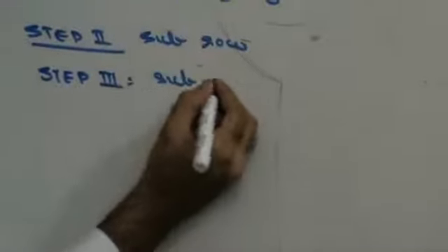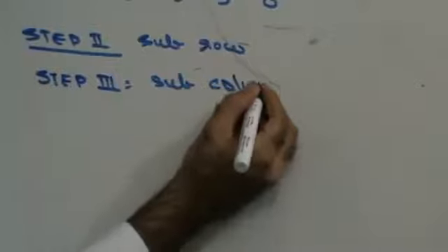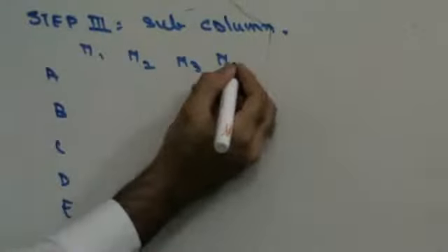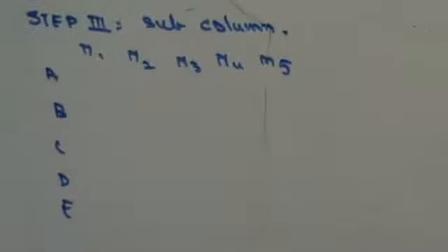So there is going to be no change in the matrix. Step 3. Subtract column. That is, subtract the smallest element in the column from every element in that column. Let's see this. A, B, C, D, E, which is M1, M2, M3, M4, M5. Smallest element is 1.